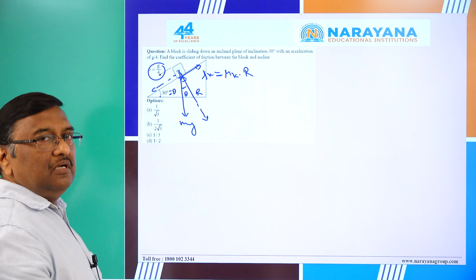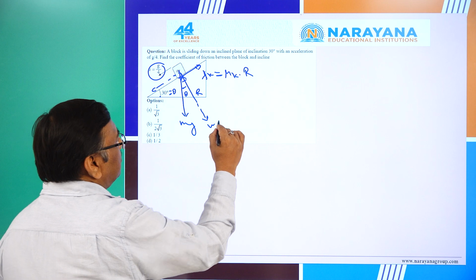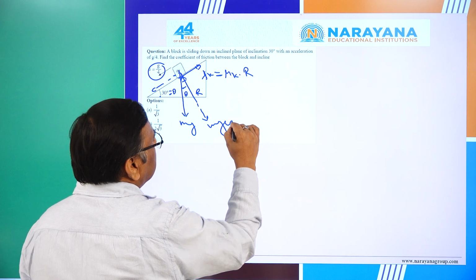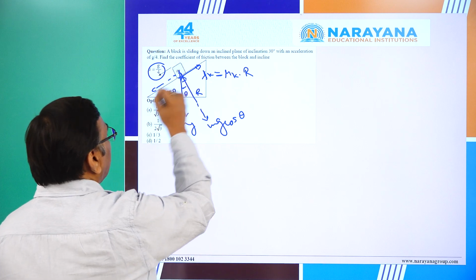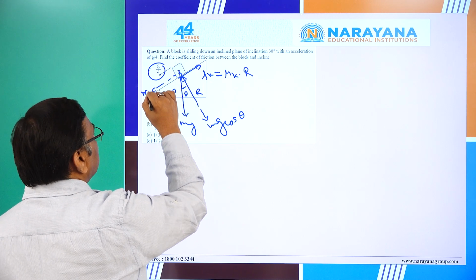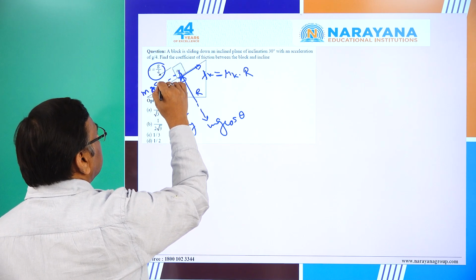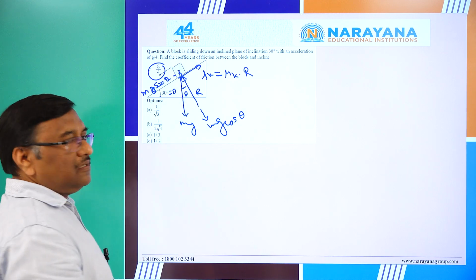That means this force component will be mg cos theta, and downward along the plane is definitely going to be mg sin theta.